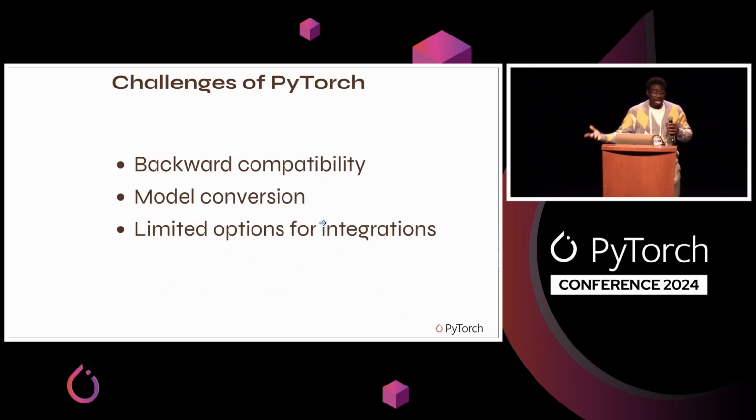But even though I've been saying that PyTorch is awesome, there are a few challenges that we have personally been facing, right? The most important thing is backward compatibility. For anyone who uses PyTorch, you realize that the more they add new versions, they degrade the older versions, and it's really difficult to find a version of NumPy that works with PyTorch 2.0.1.